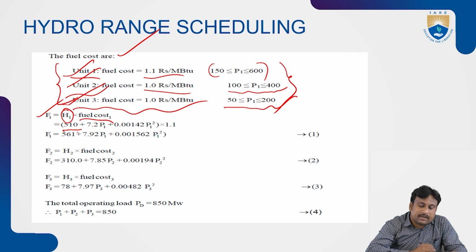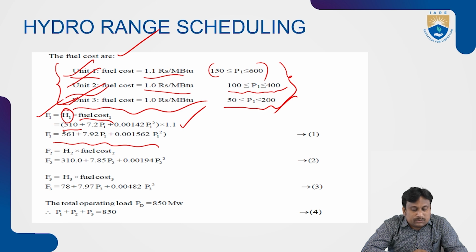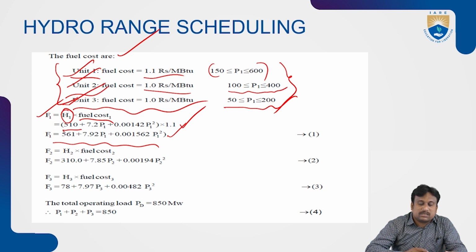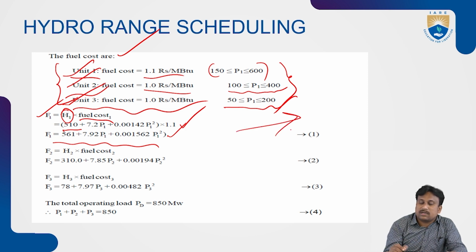That is 510 plus 7.2 P1 plus 0.0142 P1 square, into 1.1, and it may be written as 561 plus 7.92 P1 plus 0.001562 P1 square. This is treated as equation 1.